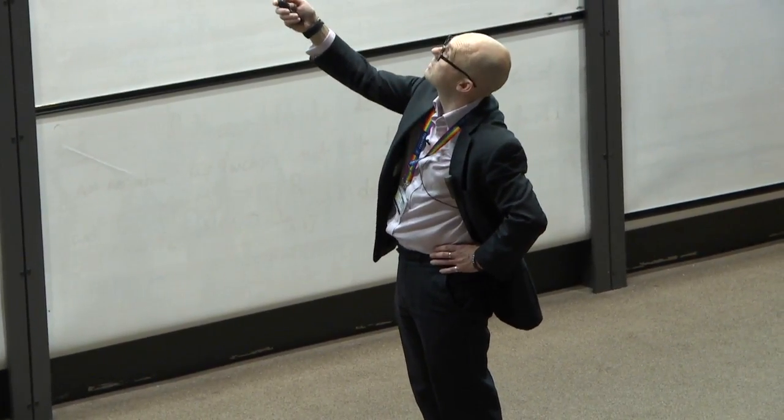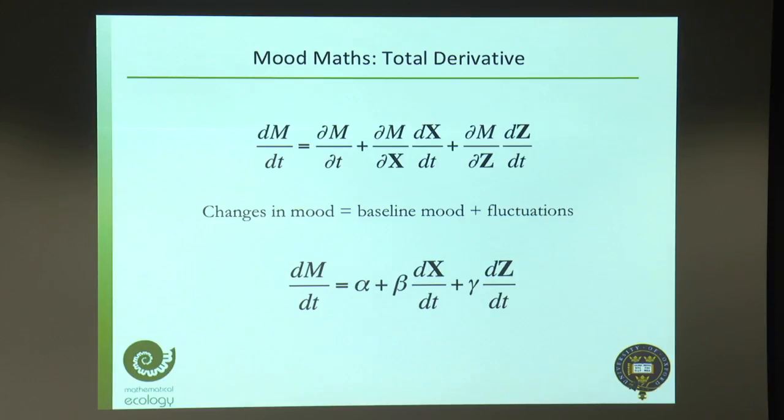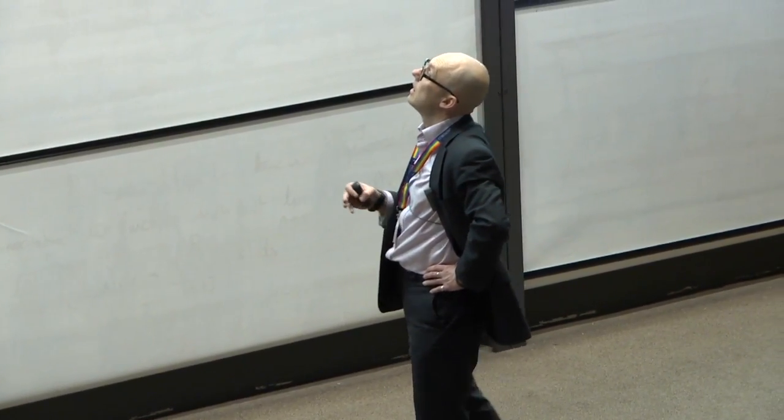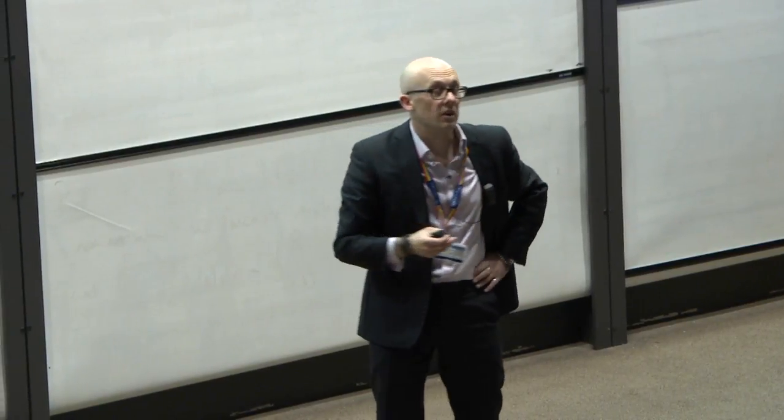And we can think of this dx by dt and dz by dt as oscillators, something that's driving that. So they may be inhibitory and accumulating oscillators that drive dynamics. And then the partial change in mood with respect to x is just a slope. It's just a regression on how mood changes with respect to the size of the oscillator, or the inhibitory or excitatory effect that we're trying to measure.